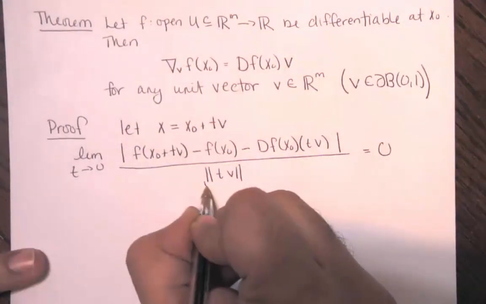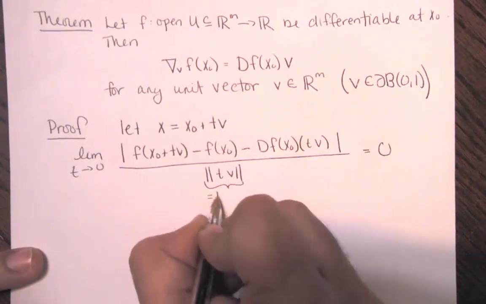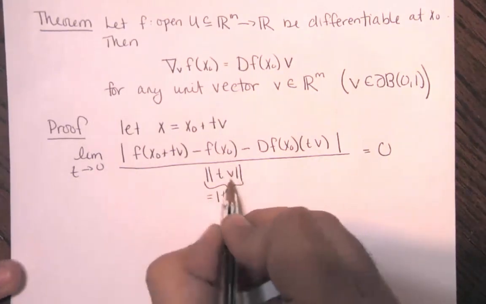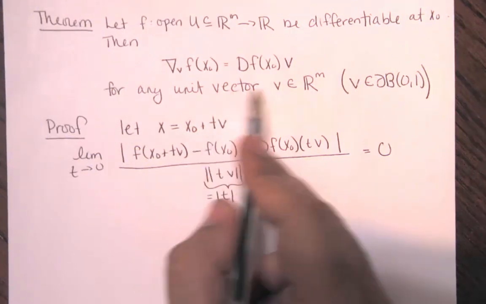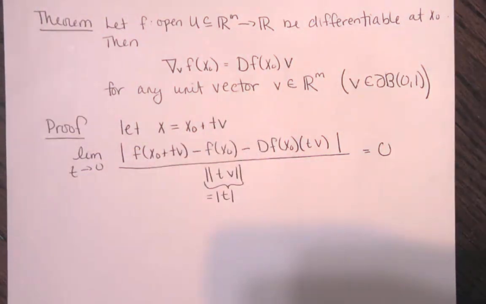Now, notice that the denominator is equal to the absolute value of t times the norm of v, but the norm of v is 1 because v is a unit vector.